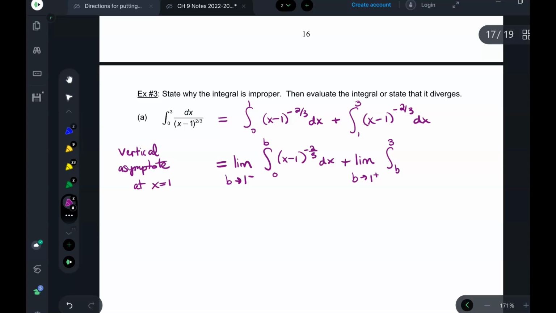And again, the b approaching or the a approaching, you can technically use whatever letter you want. Doesn't matter.